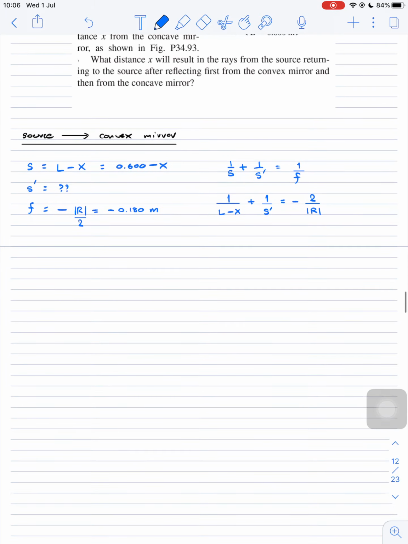We just want to solve for S prime, so let's move this term to the right hand side of the equation.